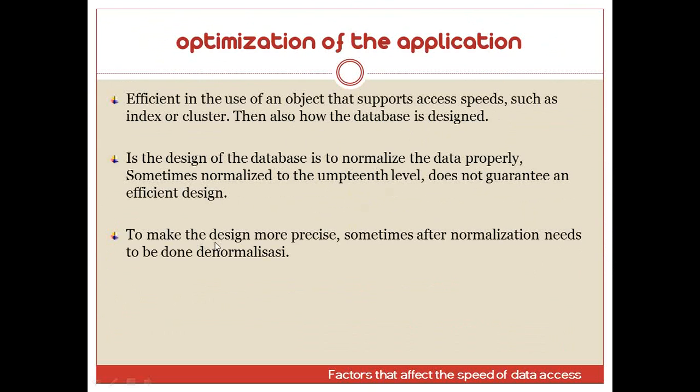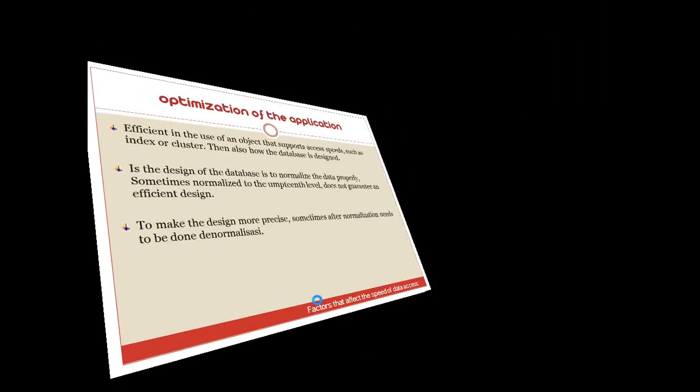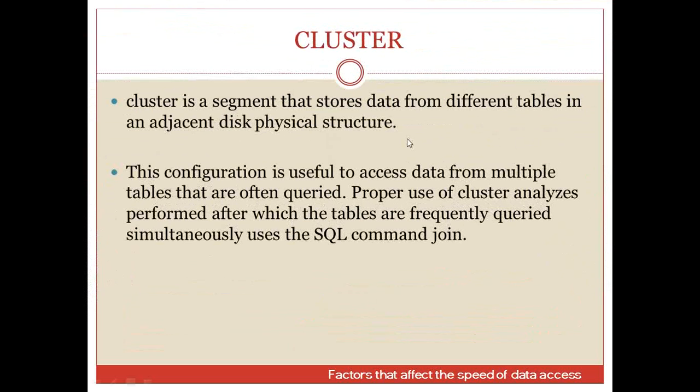To make the design more precise, sometimes after normalization denormalization needs to be done. This is one way to get back from the normalization. Cluster is the number two of the factors.